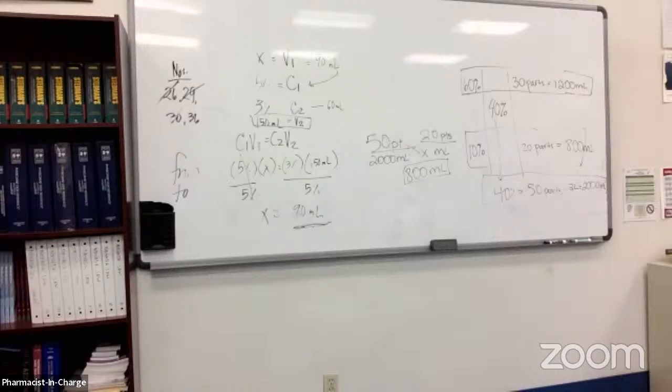That's what that ratio should be telling you. 1 g over 2,000 ml equals x g over 1,500 ml. Then do your ratio proportion, cross multiply, and your x is 0.75. 0.75 g. Good job. Number 36, this is the last.